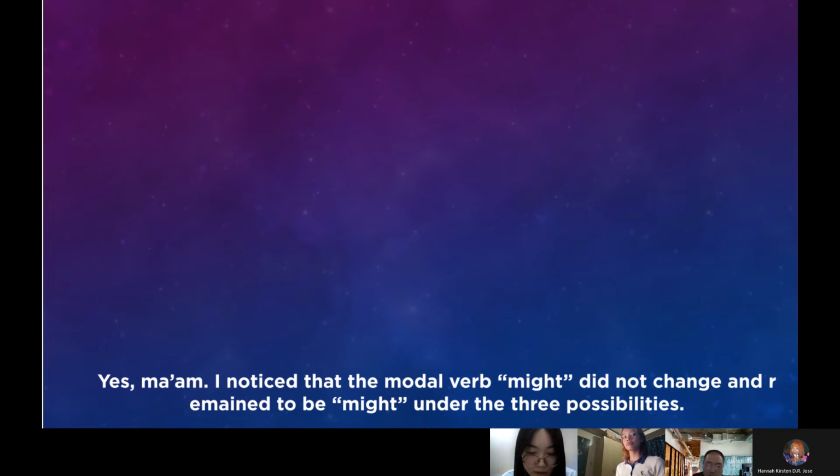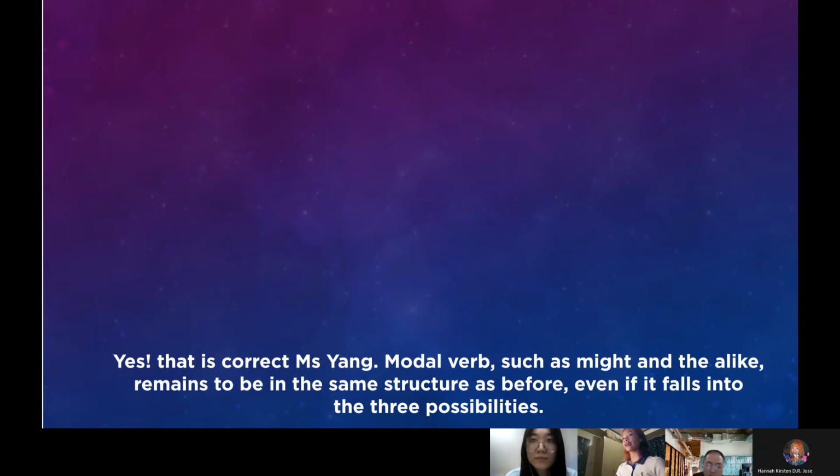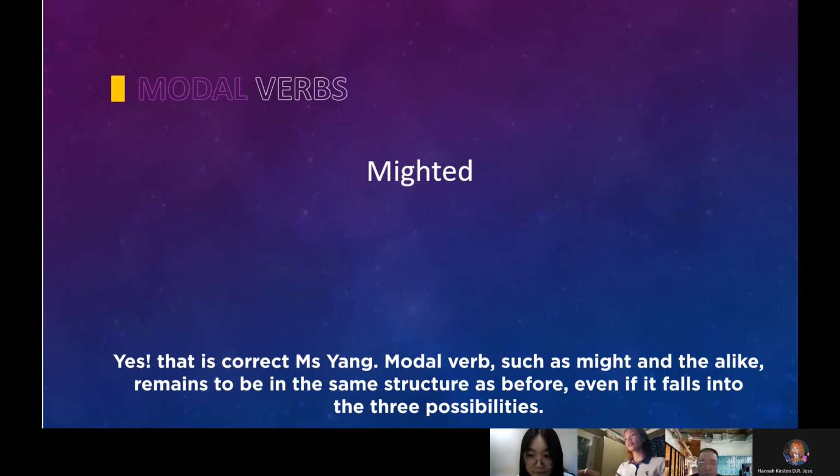I noticed that the modal verb might did not change and remains to be might under the three possibilities. Yes, that is correct, Miss Yan. Modal verbs such as might and the like remain in the same structure as before, even if they fall into the three possibilities.